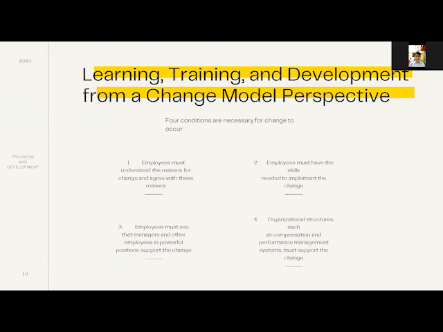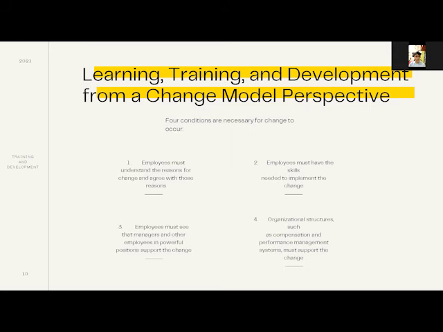So the second is, employees must have the skills needed to implement the change. And this is very critical, because not all people are gifted with all the talents. Sometimes this specific person has this kind of skill set and talents, while the other one has this, but on the other hand is weak on this part.